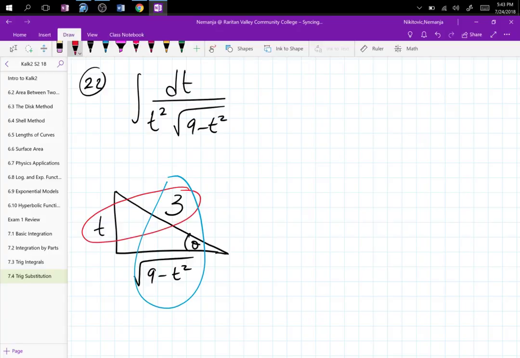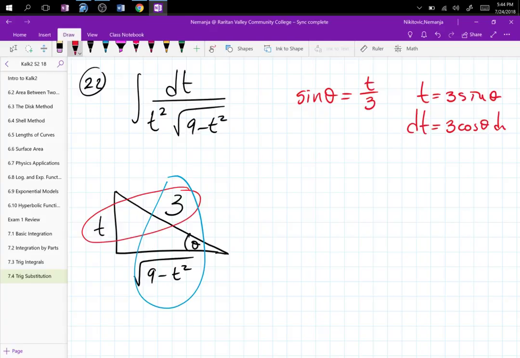So for the red one, I have a sine. Sine theta is opposite over hypotenuse, from where t is equal to 3 sine theta, and then dt is 3 cosine theta d theta.